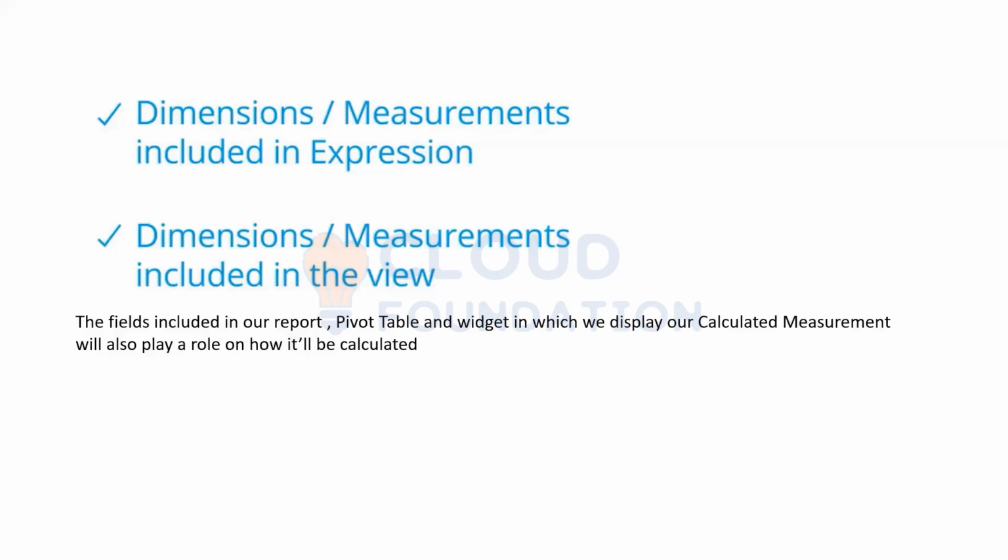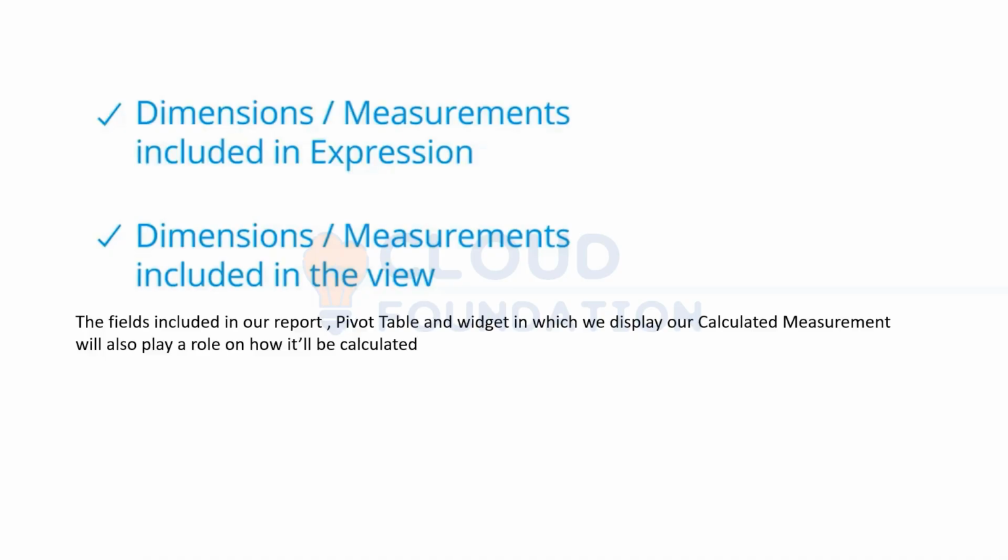So it depends on how my native data is as well, right? When I include my calculated measurement in a report, maybe having 5 to 10 native measurements, and then my calculated measurement comes in, all these need to be relevant in order for the calculated measurement to make sense and to report the correct data. Similarly with report pivot tables.